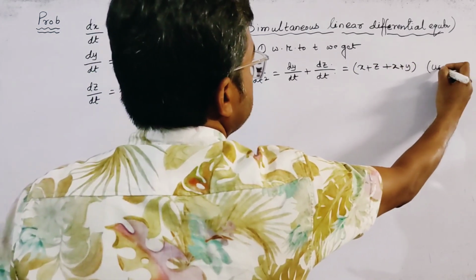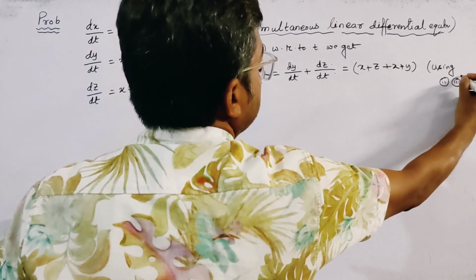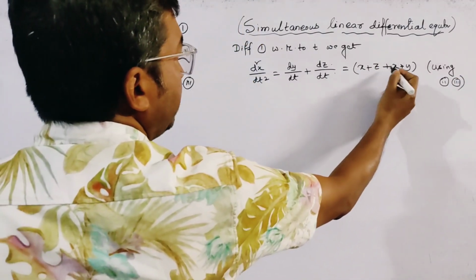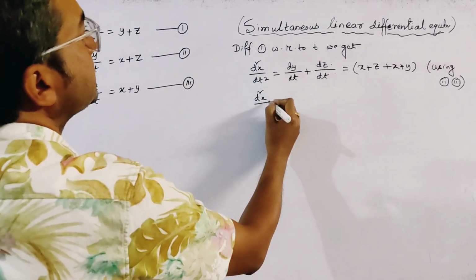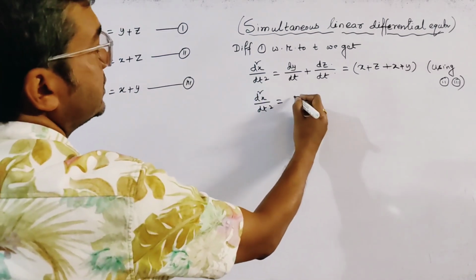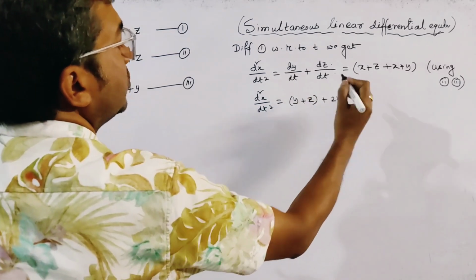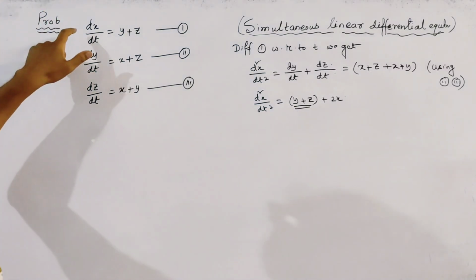Now putting the value of y plus z, we write again d2x by dt2 is equal to y plus z plus 2x. We put the value of y plus z again from 1.